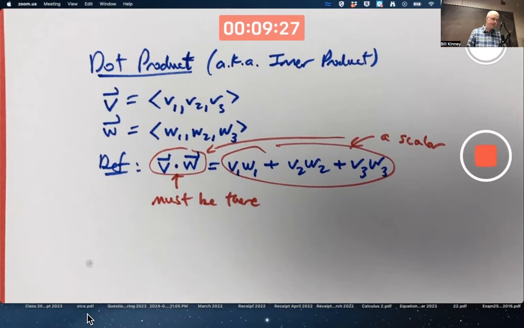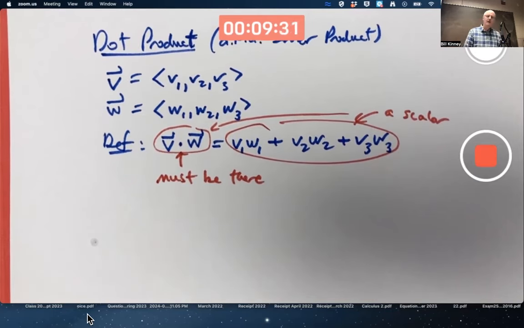That's the definition. However, you may know that that's not always how dot products are computed.